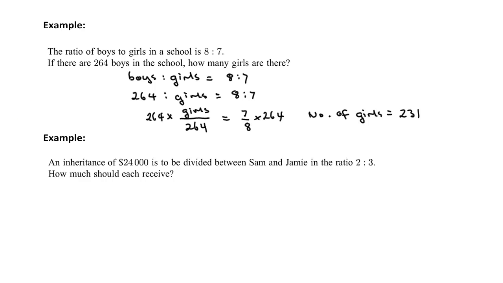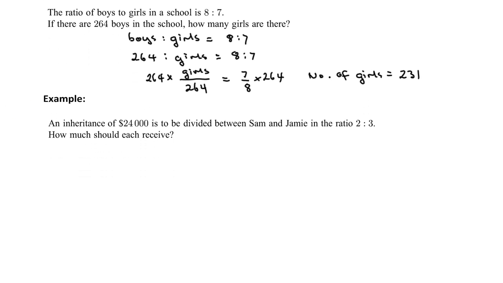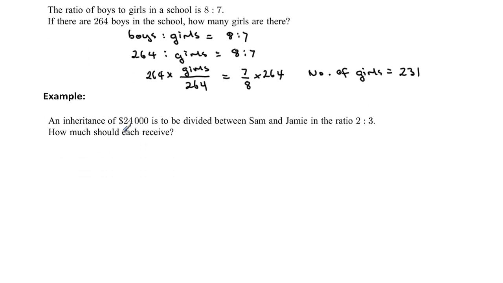And the last example we're going to look at for ratios is a practical one where there's $24,000 worth of inheritance and it's got to be divided between two people in a certain ratio. How much will they receive? Well, we can work out how many parts are needed.